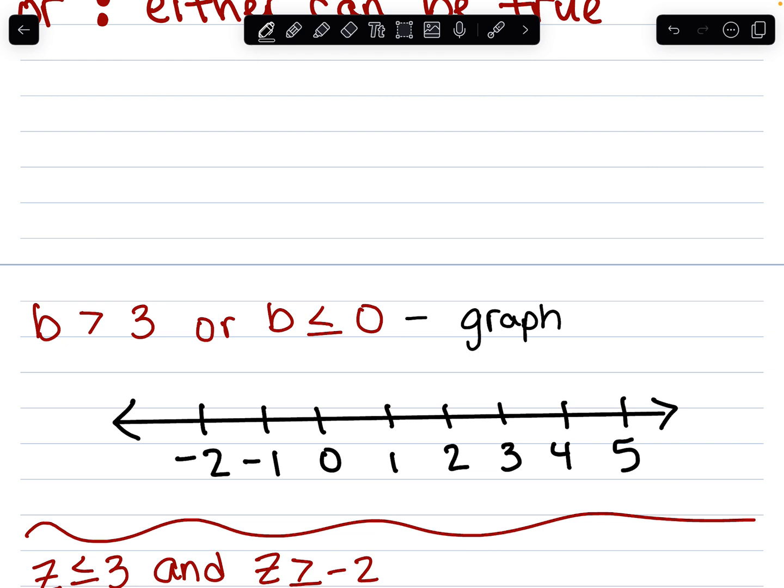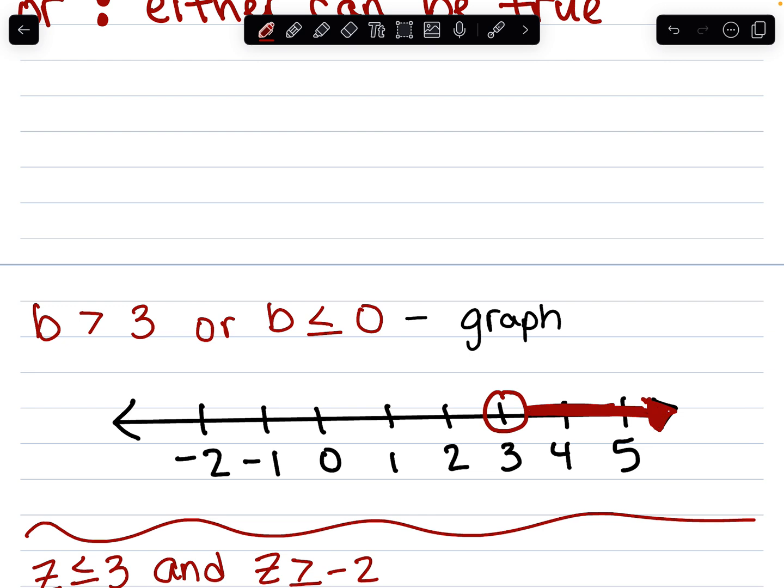Now, essentially, all you have to do is graph each inequality, okay? We do want to check some things and make sure it works, but how would I graph b greater than 3? An open circle at 3, good. Going what direction? To the right, because I want any number that's greater than 3.